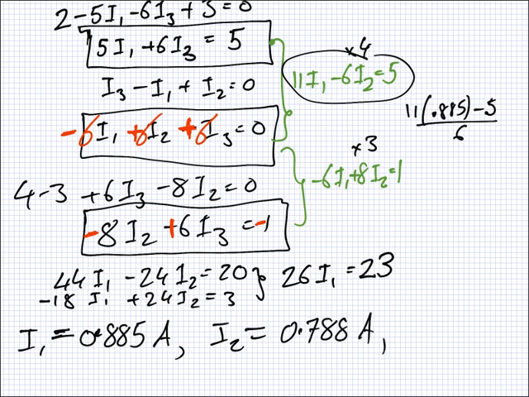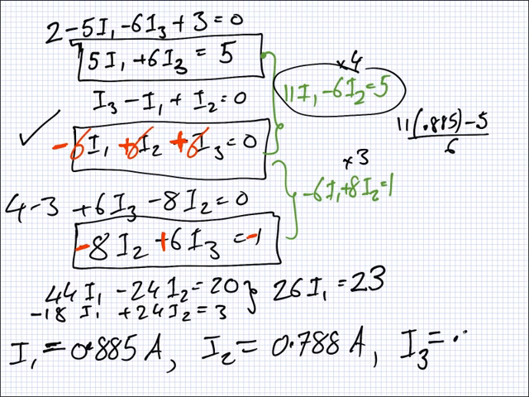And then finally, I3 I can get from here. I can say I3 is I1 minus I2. So this number minus this number gives me I3. So what's that? 0.097 amps then.